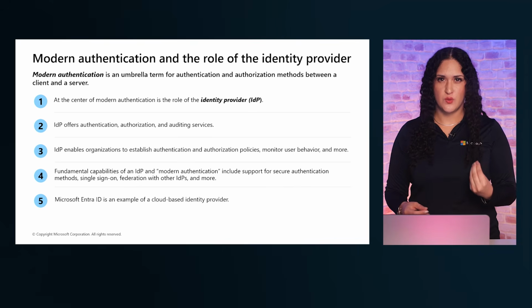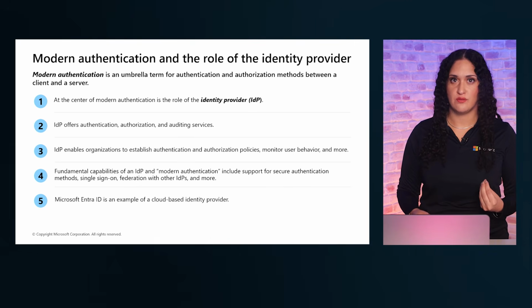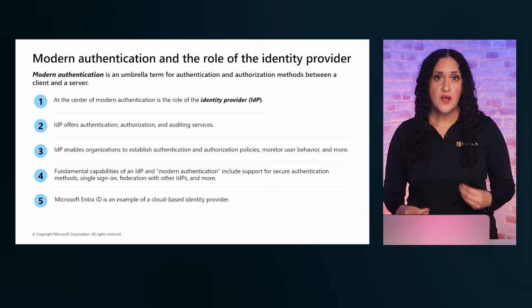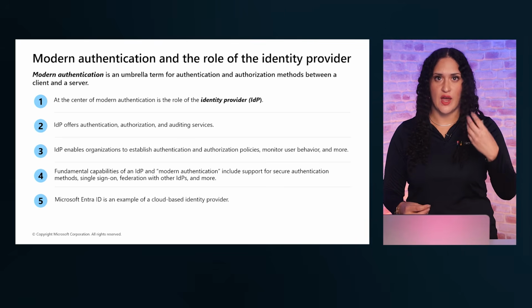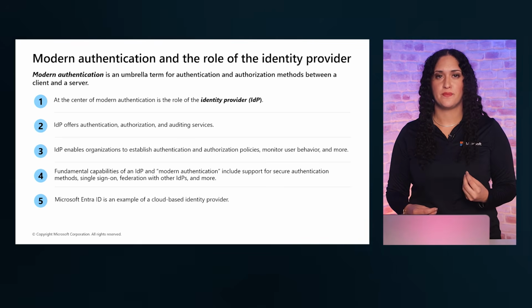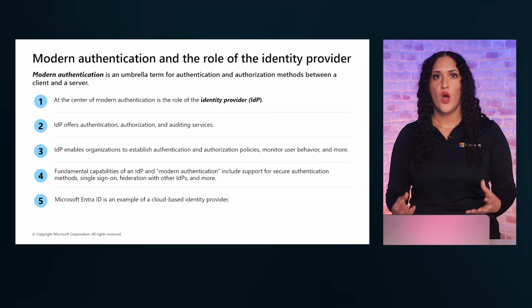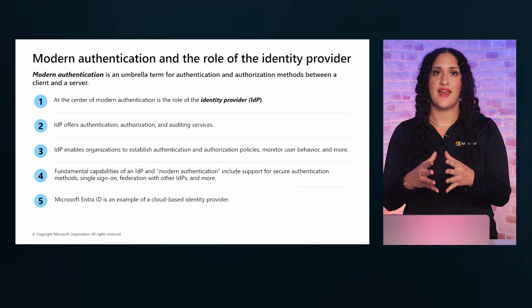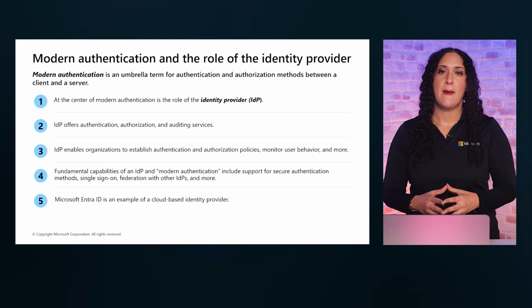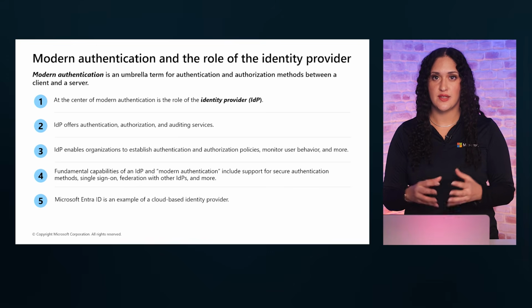At the center of this model is the identity provider, or IDP, which is responsible for verifying the identities, granting access, and tracking that activity. So instead of each application handling sign-in separately, authentication and authorization are handled centrally, making access more secure and consistent across services.